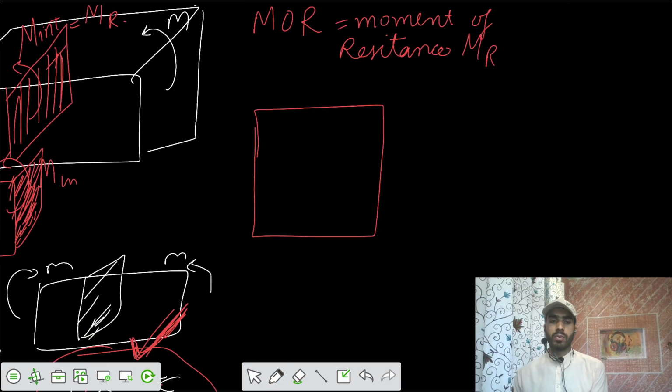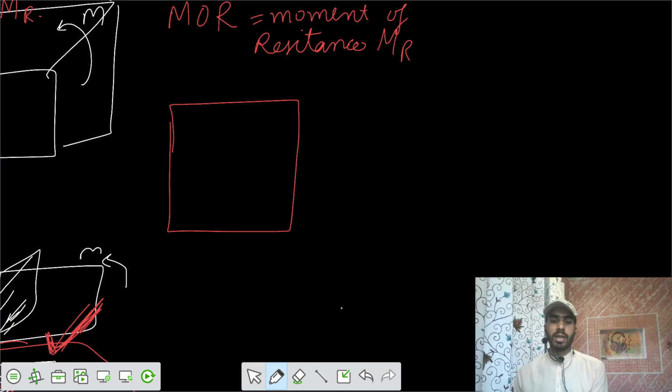So to make that mathematical, let's say this is the reference line, the neutral axis, and this is the section cut.